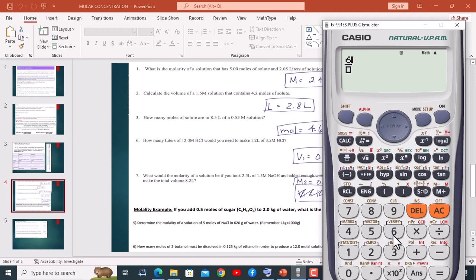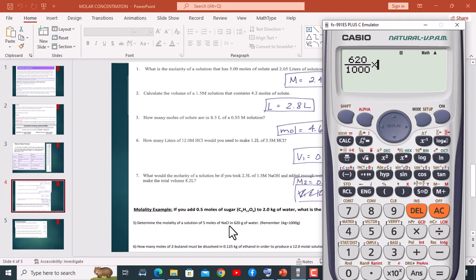So I'm going to say 620 divided by 1000. Right, okay, that is fine. I know this will give me the volume in kilograms. Okay, that is fine. And then from there, I now want to calculate the molarity.